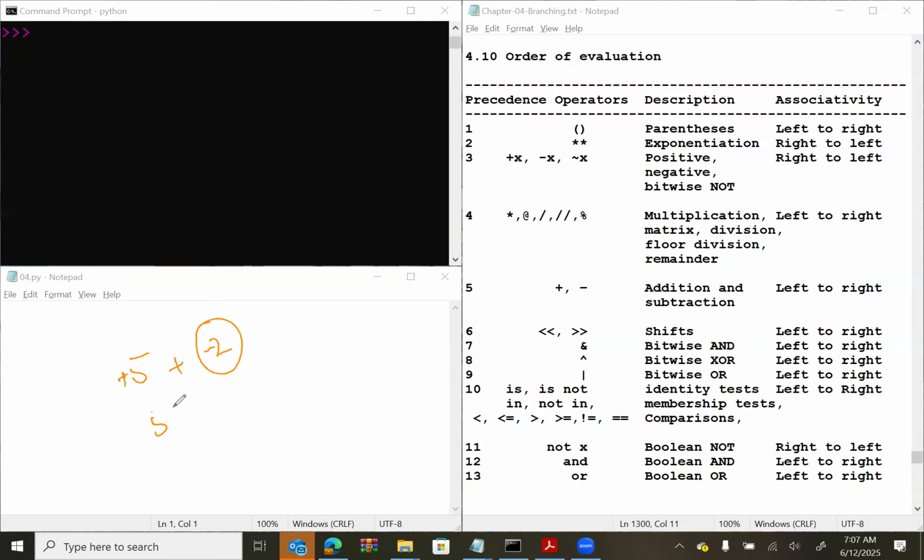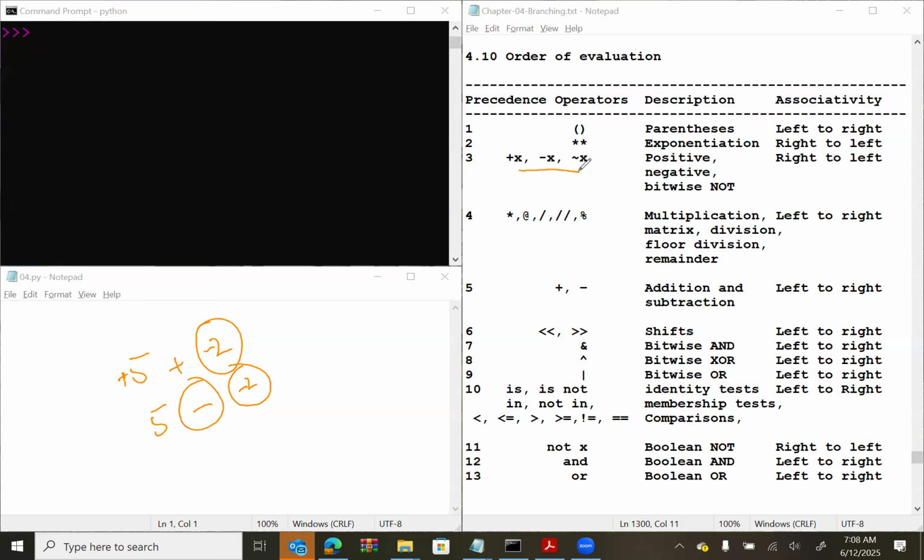If we have something like 5 minus minus 2, this is the minus sign, but this is the sign for the number. Okay. So after the power sign, we have the unary plus or unary minus.